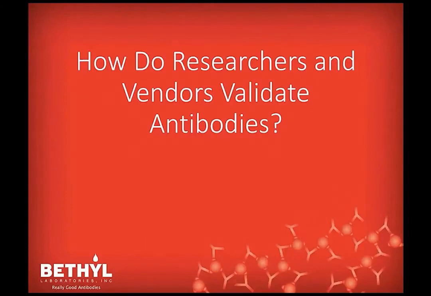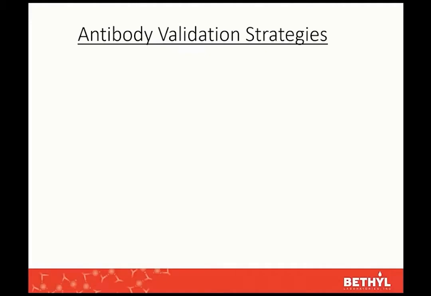So how do researchers or vendors, how should you validate antibodies? The lowest bar of validation, and I would caution when using this type of validation, is cross-validation. For example, that's when you have a staining pattern for IHC and you ask, is that staining pattern correct?